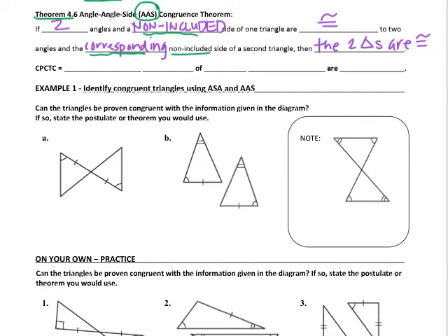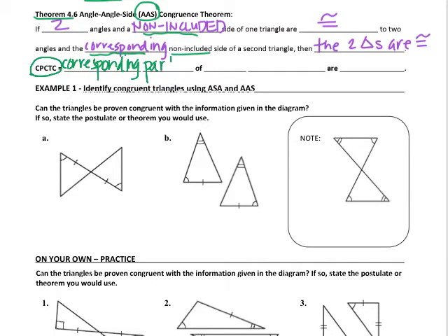Now the last thing in the vocabulary section is CPCTC, and that sounds like a big bunch of letters smashed together, but I want you to remember that the phrase is this phrase here, corresponding. Corresponding means it's in the same position.